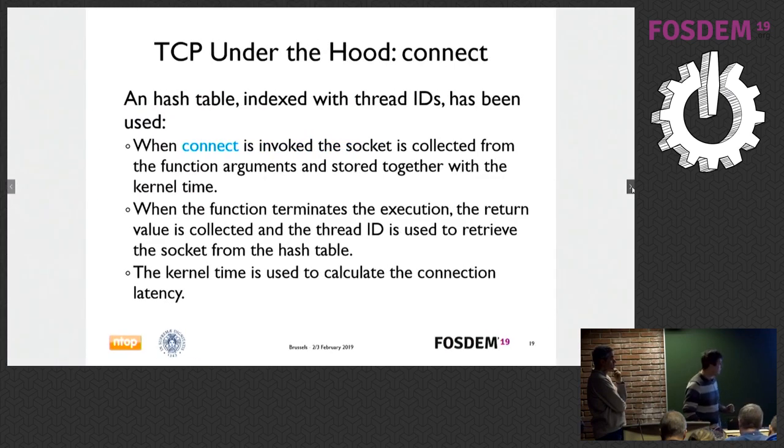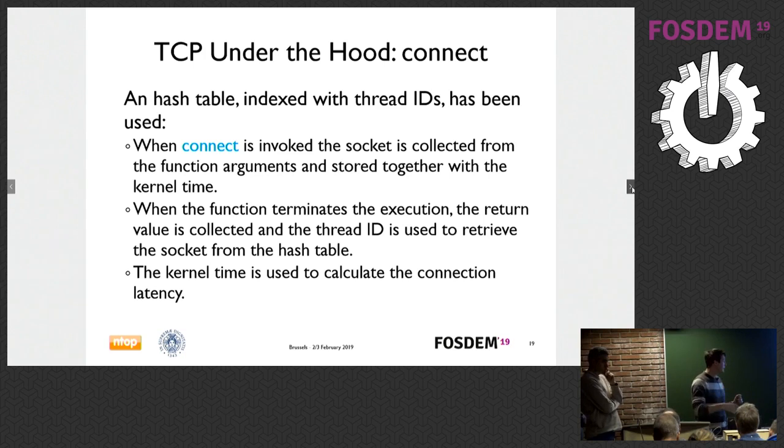But for the connect, it has been more difficult. We have to use a hash table because we want to return not only information about the user or the network, but also the return code of the function to check if it has failed or been successful. So we attach a probe when TCP connect is invoked and collect the socket that is passed as argument.